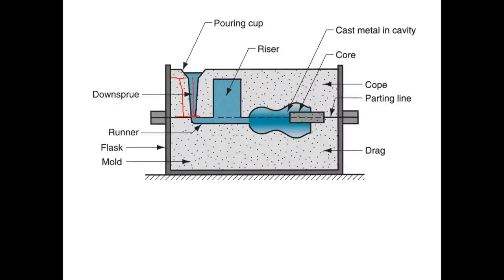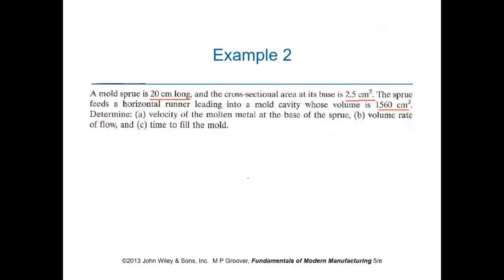So the sprue is feeding a runner, and this section is the runner. From here to here, this is the sprue, the vertical section. And then from here to here, this is the runner section. And eventually, this is the cavity itself, and its volume is given.